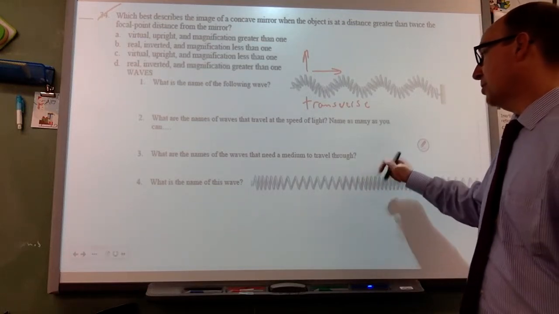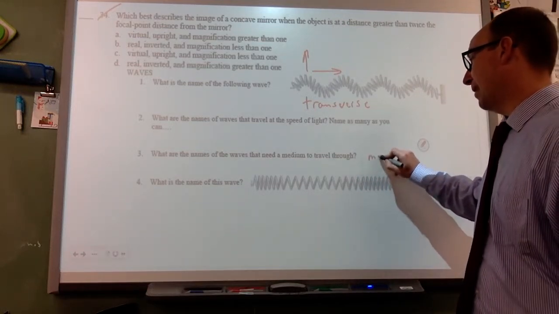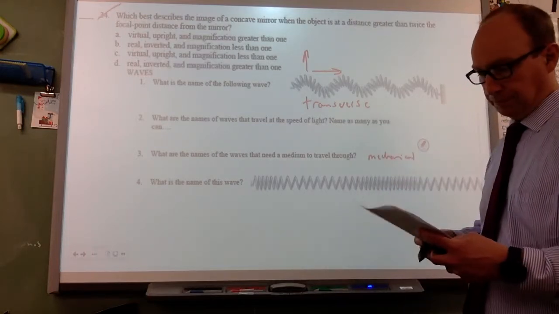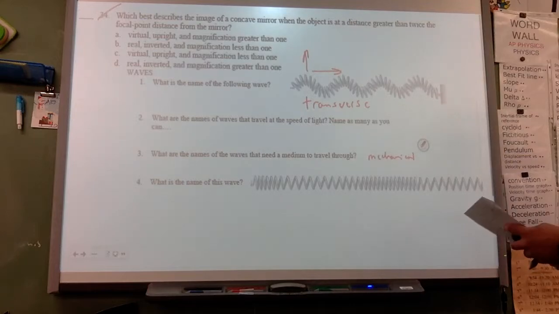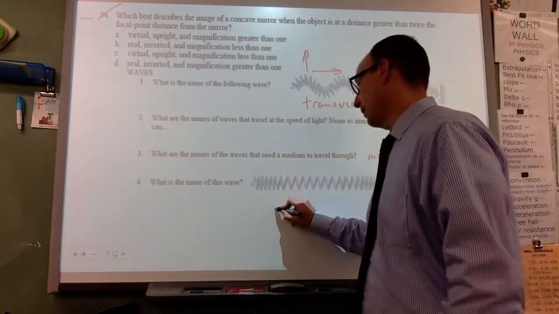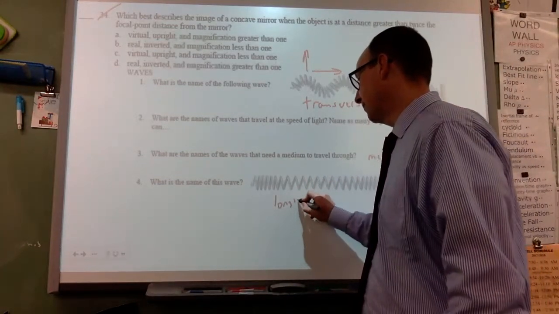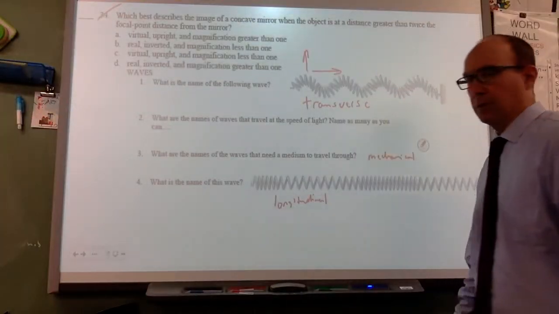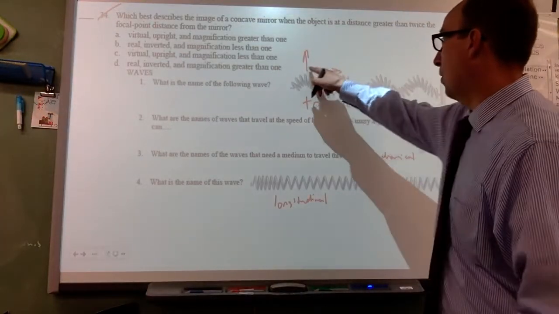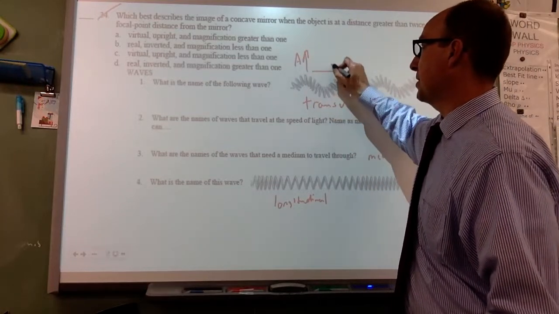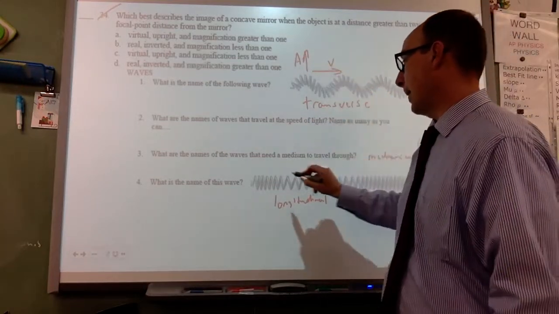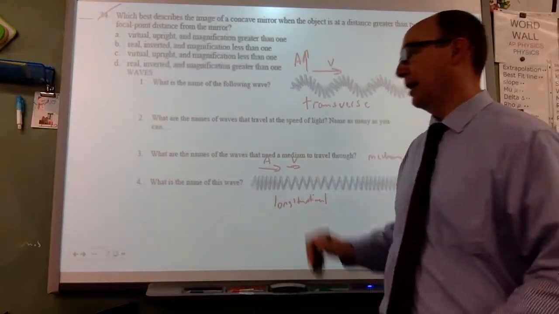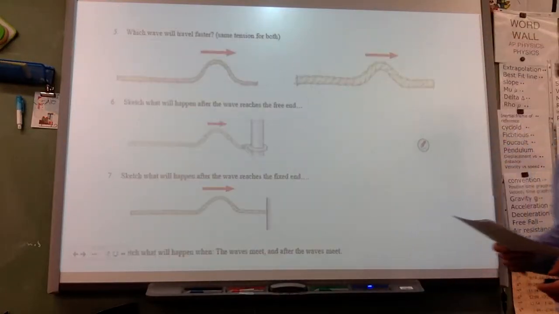Waves that need a medium to travel through are mechanical waves. And this type is a longitudinal wave. So a longitudinal wave, where this one, our displacement and velocity are perpendicular, and this one, our displacement and velocity are parallel.